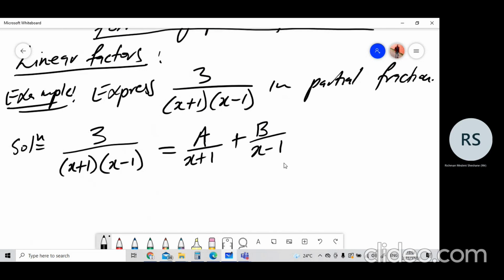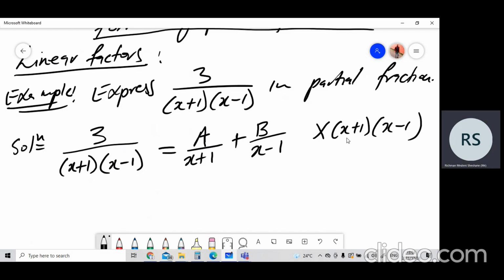All right. After you form these linear partial fraction forms, you need to solve for A and B. To solve for A and B, always multiply by the LCD, the lowest common denominator, which is x plus 1, x minus 1. You multiply both sides, left and right, by x plus 1, x minus 1.